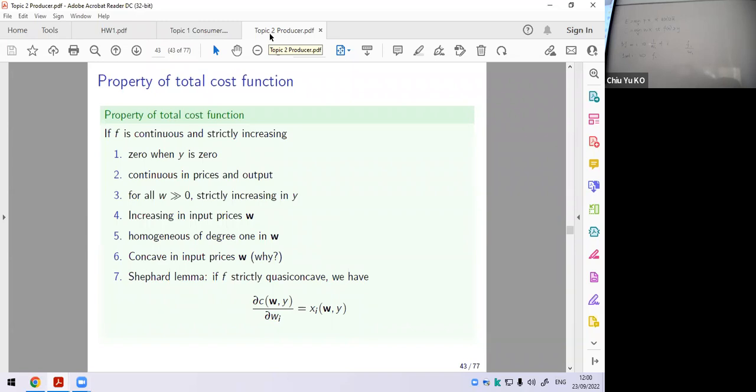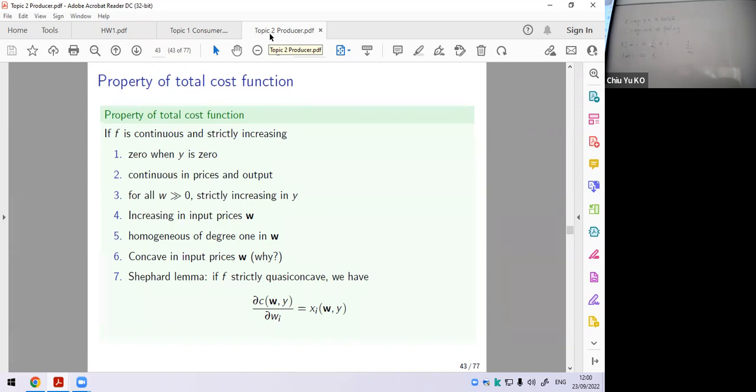The only thing different is that before you transformed your consumption plan to utility. Now I transform input to output. There's no difference because we assume the firm has only one output.